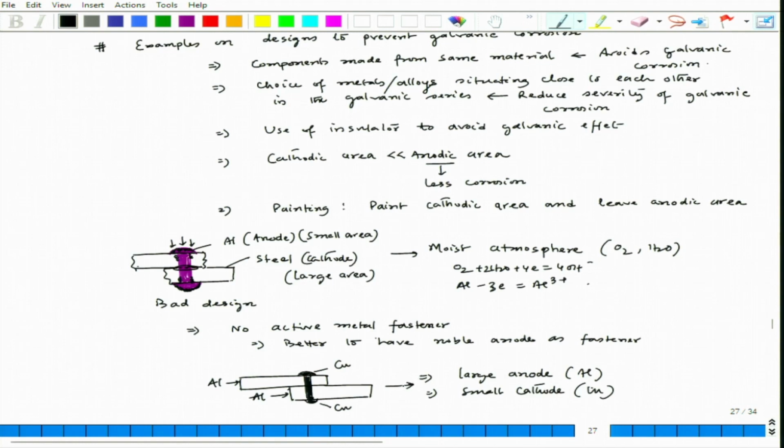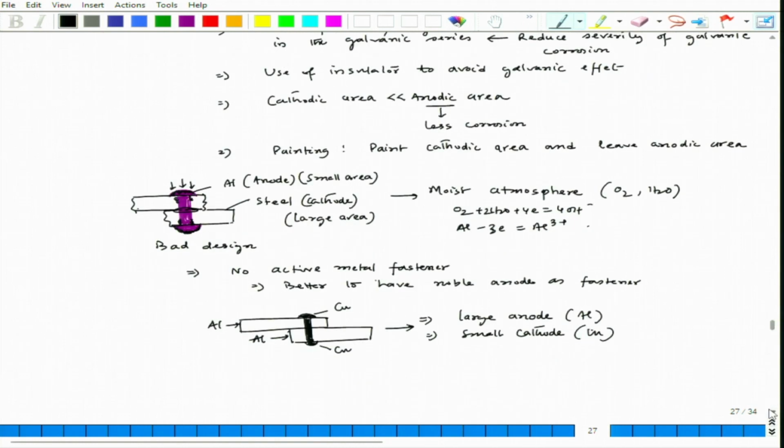But still there could be an issue. What is the issue? Because we know that the galvanic effect will be felt close to the galvanic couple. So, the galvanic effect will be felt here in this zone, and there could be undercut. So, you can see that this situation would be like this.